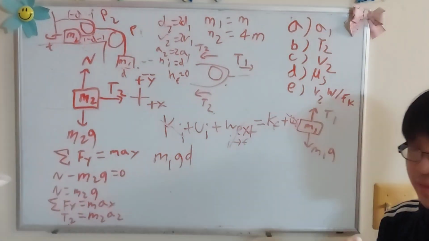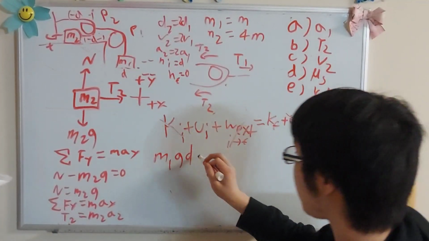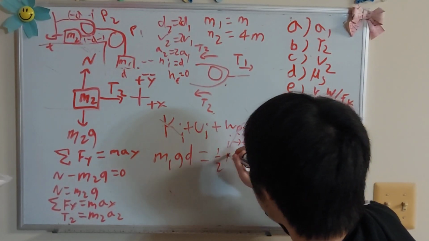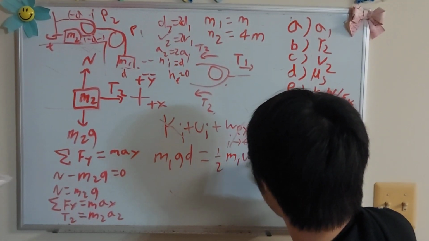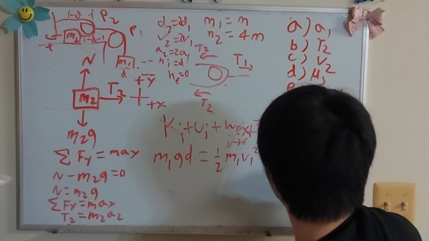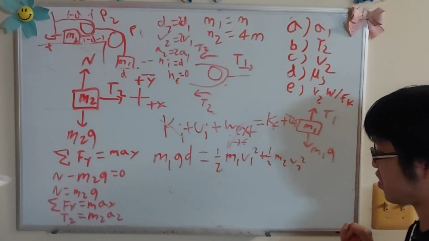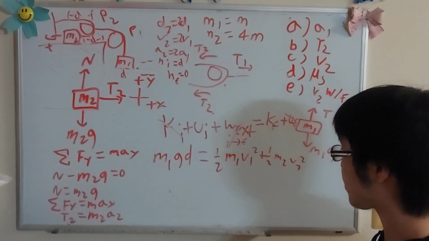The blocks are going to be moving by the time they drop a distance, so we end up getting 1/2 m1 v1 squared plus m2 v2 squared as the total kinetic energy of the system at the end.